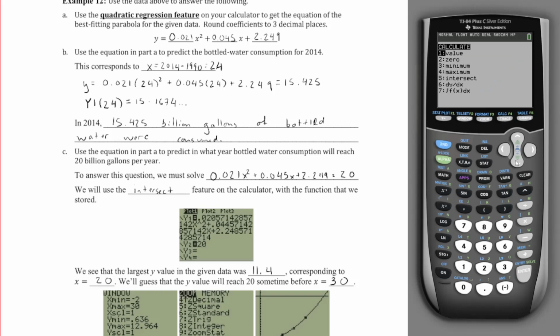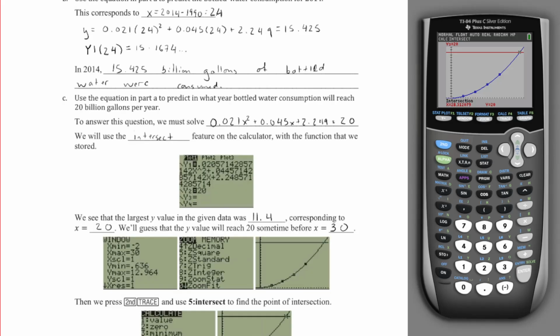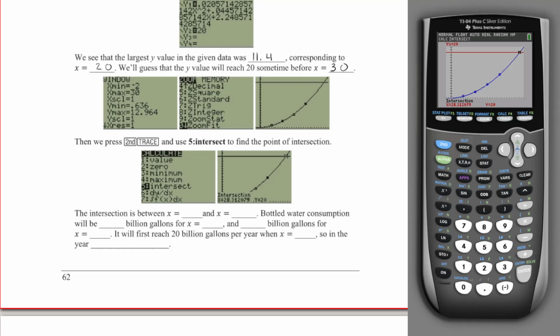So second calc, intersect, first curve, second curve, and then I'm going to put my guess close to this point of intersection that I can see. And I get x is 28.312, etc. So this is between x is 28 and x is 29.